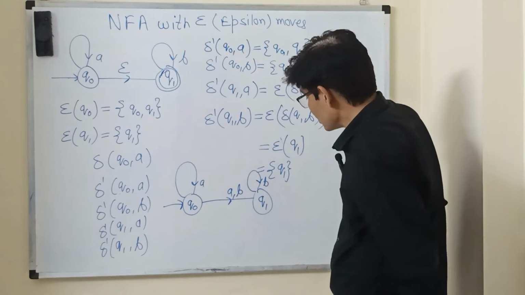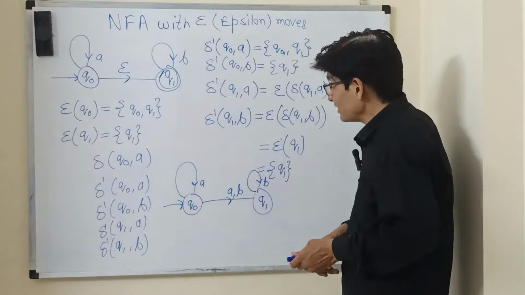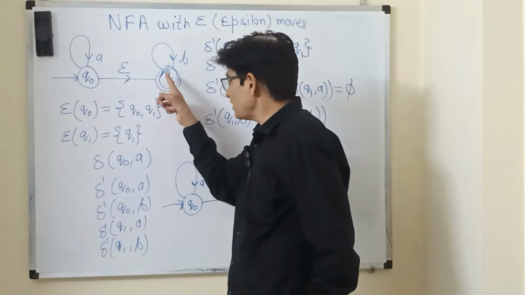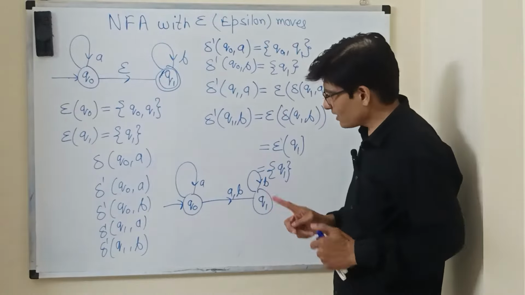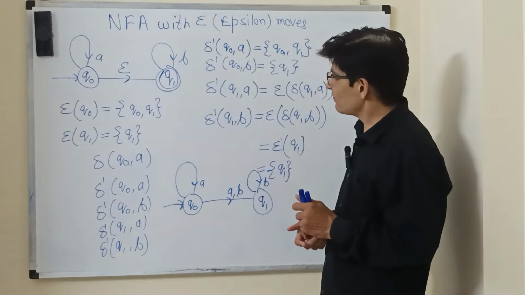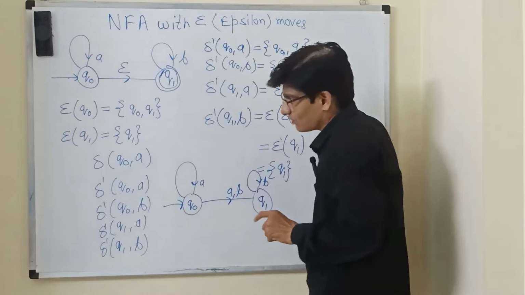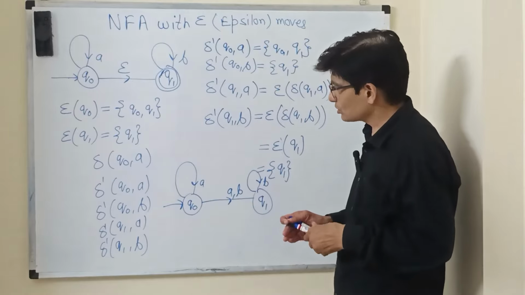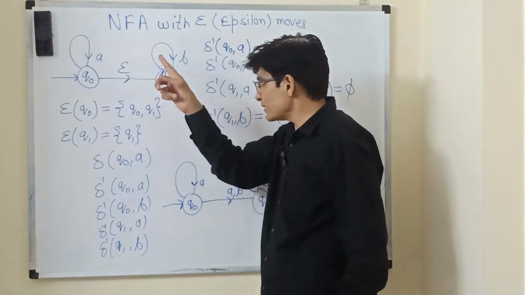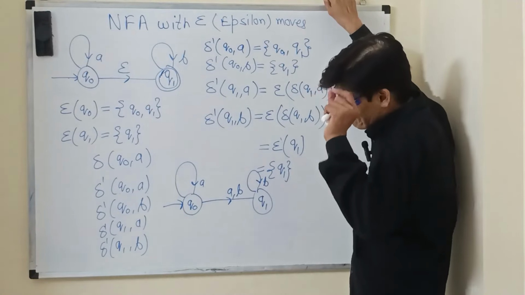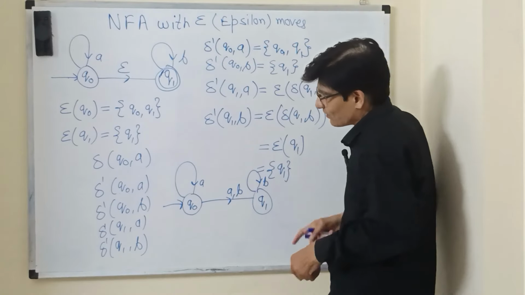Now all these transitions we have made. The question is what would be the final state. In NFA with epsilon move, Q1 was the final state. So you check the epsilon closure of all states, and wherever you see Q1 as a member, make all these states final states.